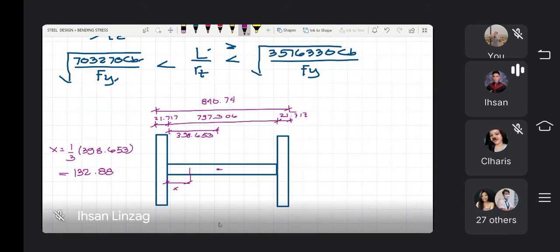So, ito ngayon yung kukunin natin, the moment of inertia at the same time area. I-shade ko lang siya into yellow. Okay, makinig kayo kung paano kukunin yung moment of inertia at saka area. Yung area madali lang naman.